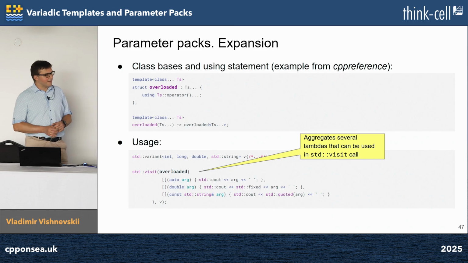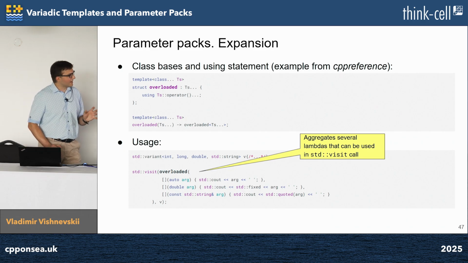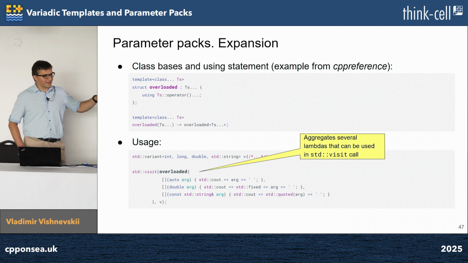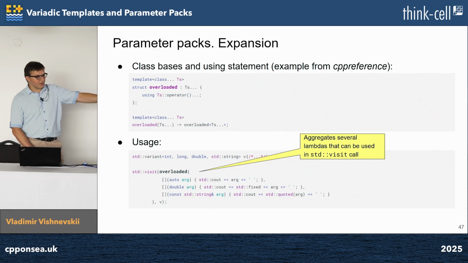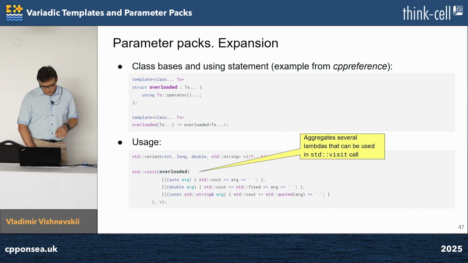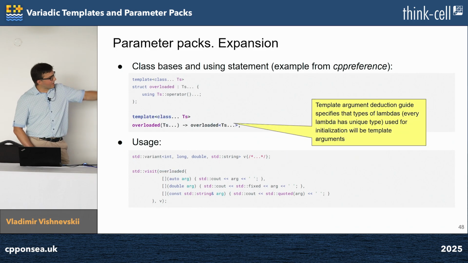The implementation of this overload is very elegant and quite trivial. So what is happening here? When we are calling overload, it's initialized with some types. Every lambda produces a unique type, and this is guaranteed by the standard. So we have a deduction guide.